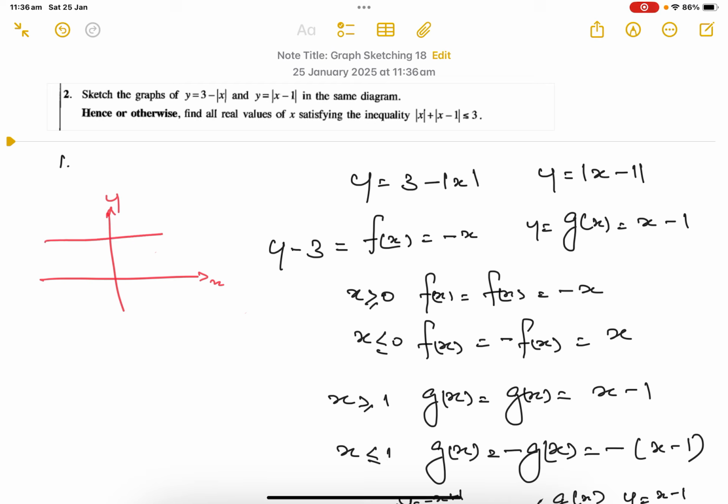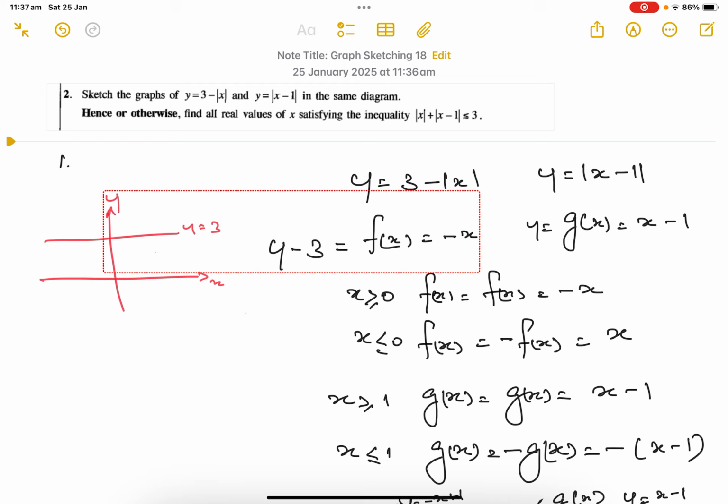So y minus 3, a line y equal 3. So if this y equals 3 is the new axis, we think about it that we're going to sketch the graph on the basis of y equal 3 as a new x-axis and the y-axis is still the same.